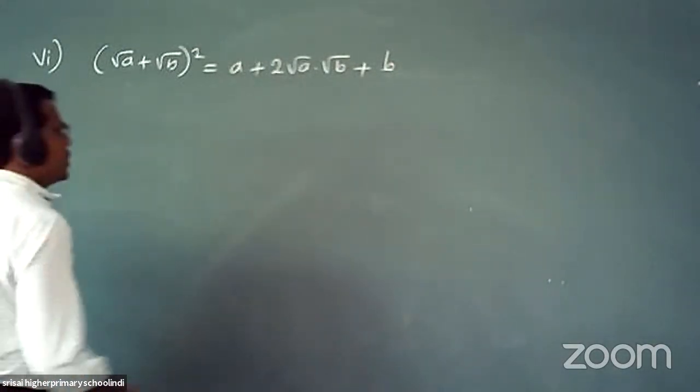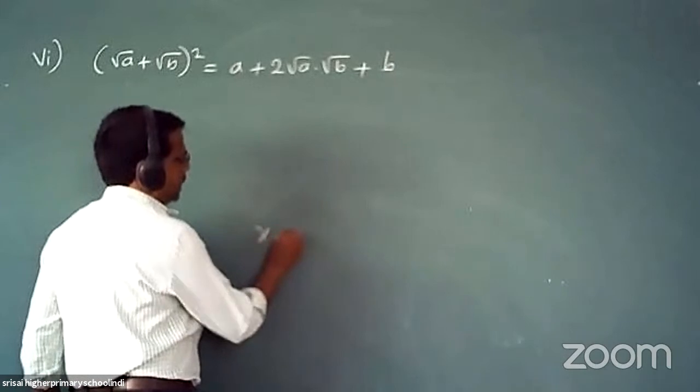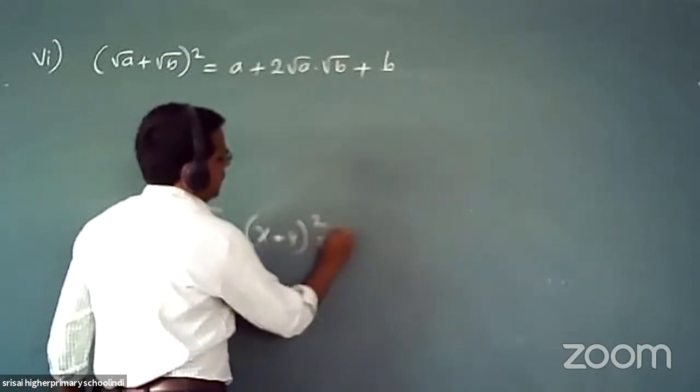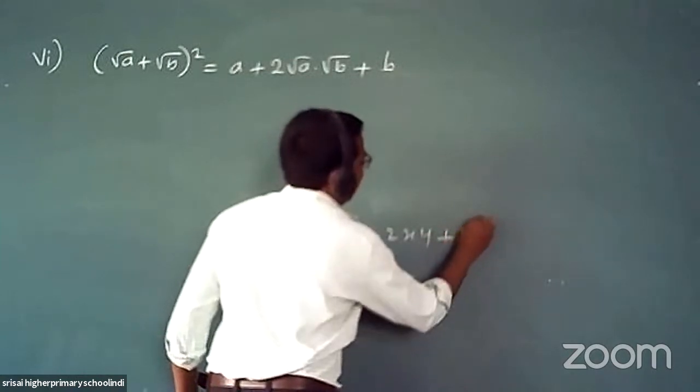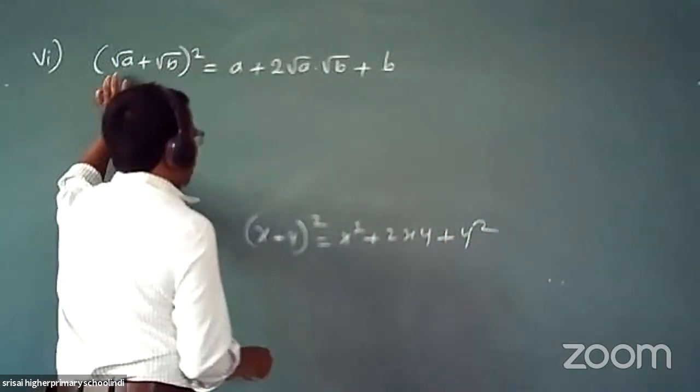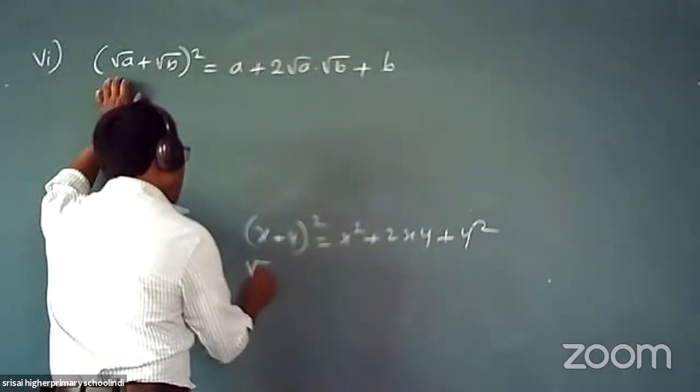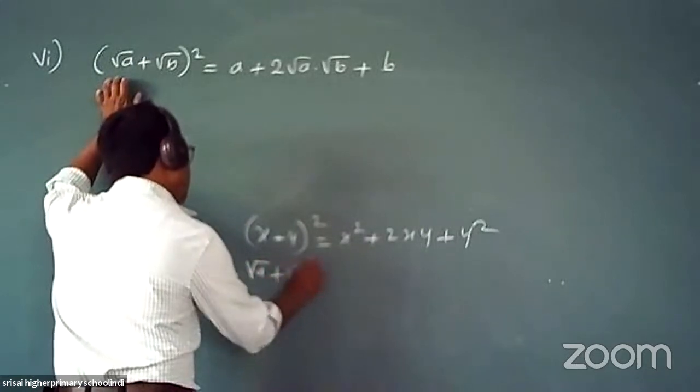Here already you have studied the identity (x plus y) bracket square equal to x square plus 2xy plus y square. Now what is there? (Square root of A plus square root of B) bracket square.